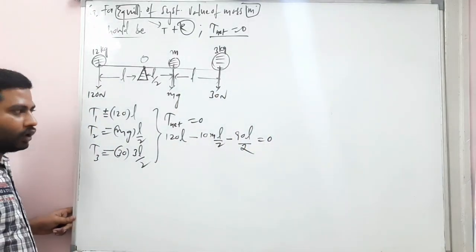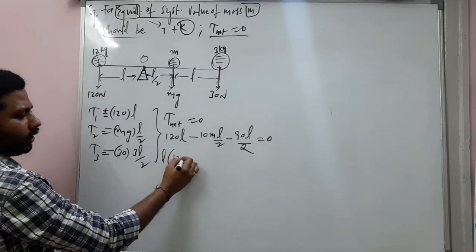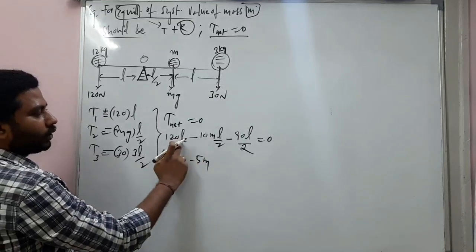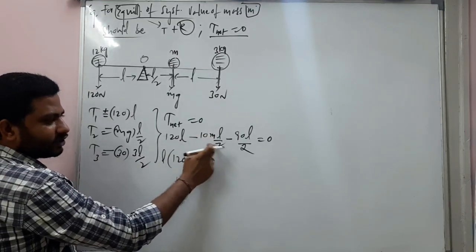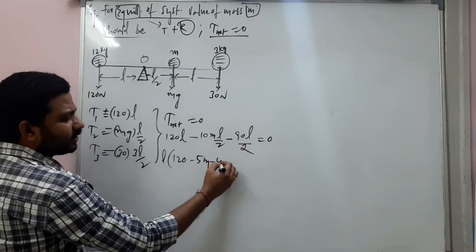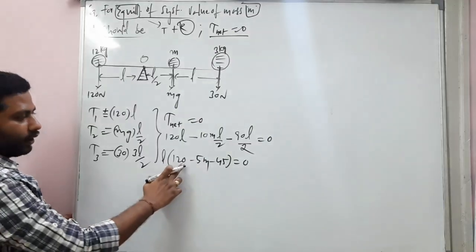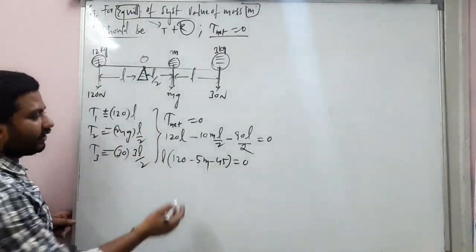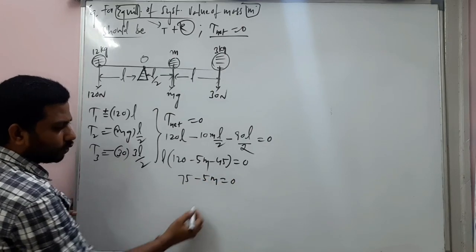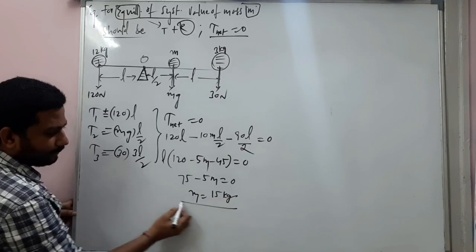L you can take common: 120 minus 5m, and minus 45, is equal to 0. 120 minus 45 is 75, minus 5m is equal to 0, and m will be 15 kilogram.